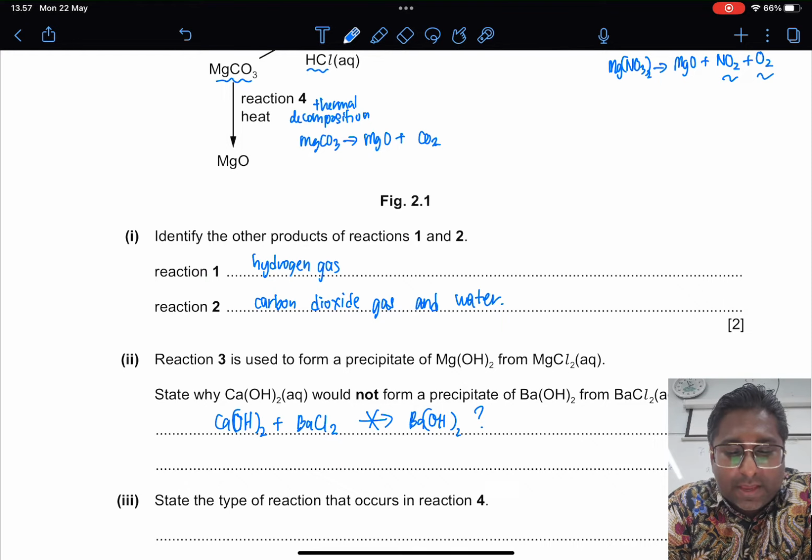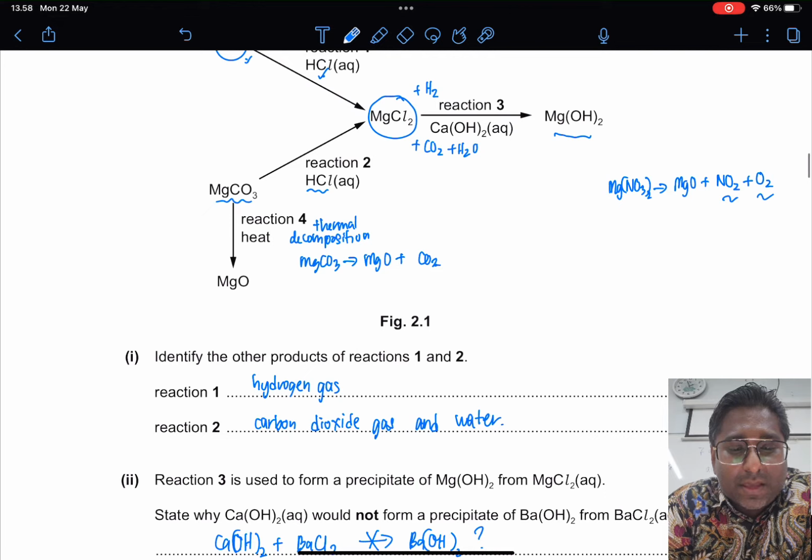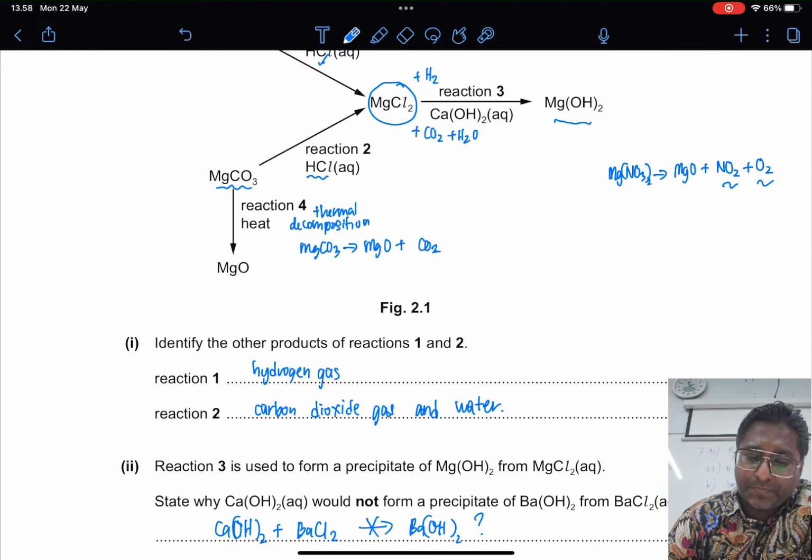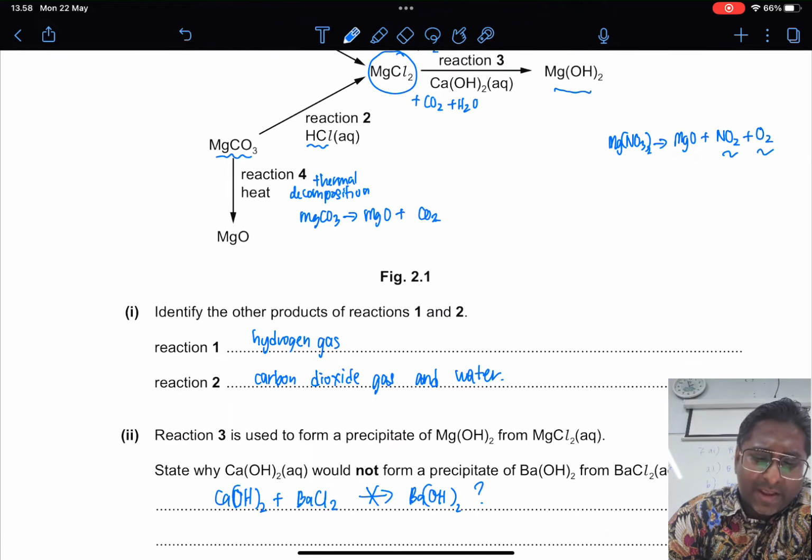So if you look at this reaction, magnesium chloride reacts with calcium hydroxide to give you magnesium hydroxide. It's a precipitate. Calcium hydroxide reacting with barium chloride to give you barium hydroxide. So basically, let's look at the barium hydroxide.